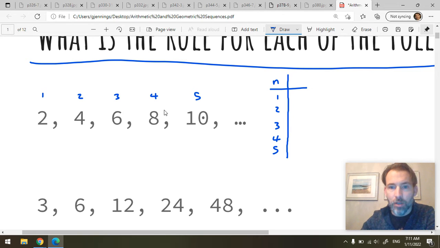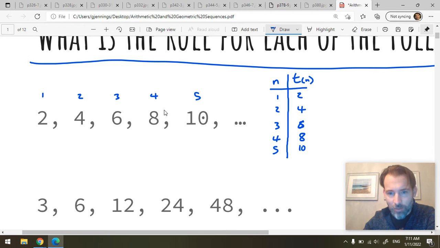And then I'm going to put in what the term actually is. I'm already using some of the language and nomenclature that we're going to be using. So the first term is 2, the second term is 4, the third term is 6, the fourth is 8, and then 10, and so on.